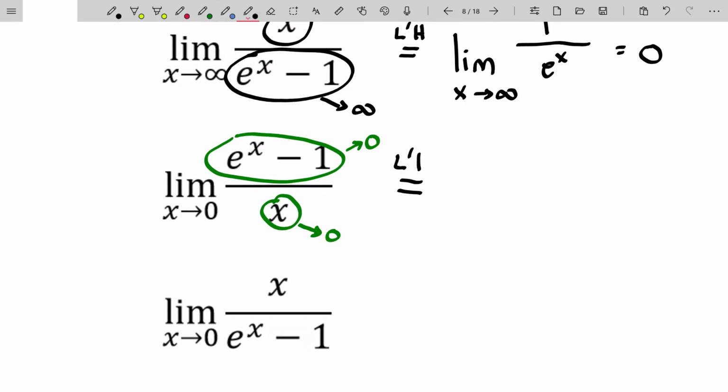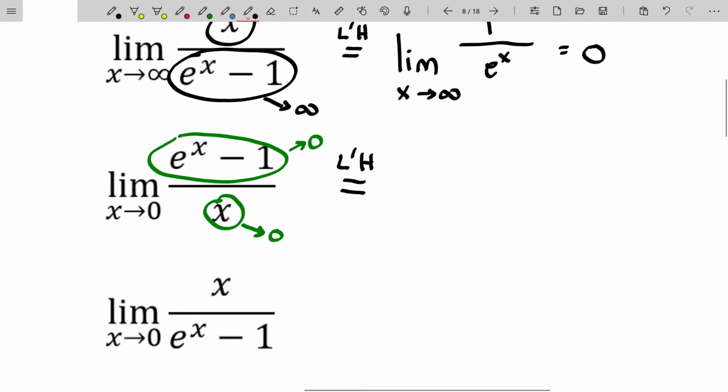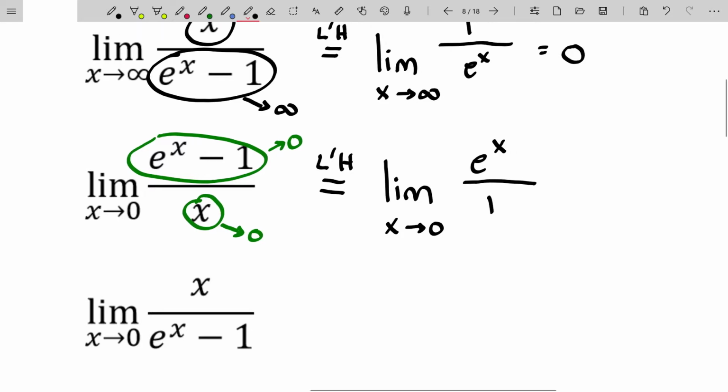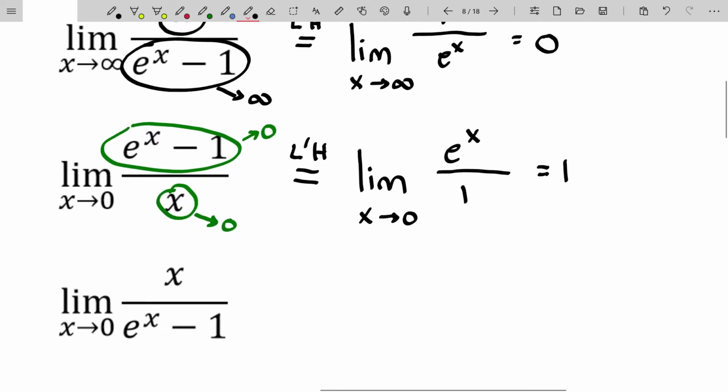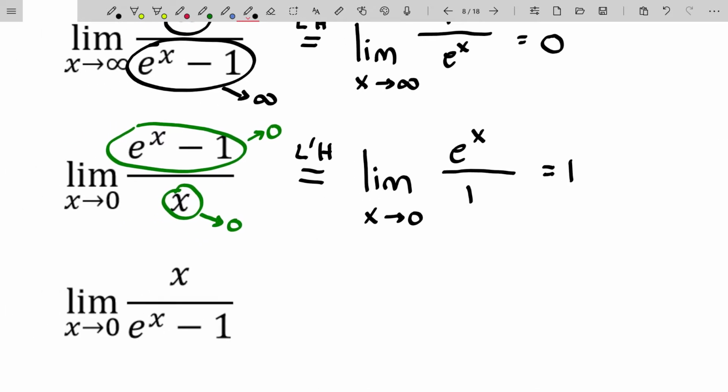So using L'Hopital's rule, we get the limit as x approaches 0 of e to the x, that's the derivative of the numerator, divided by 1, that's the derivative of the denominator. Now as x approaches 0 here, you get 1 over 1, which is 1. That's pretty nice. So there is an example of an indeterminate form of 0 over 0, which approaches 1.